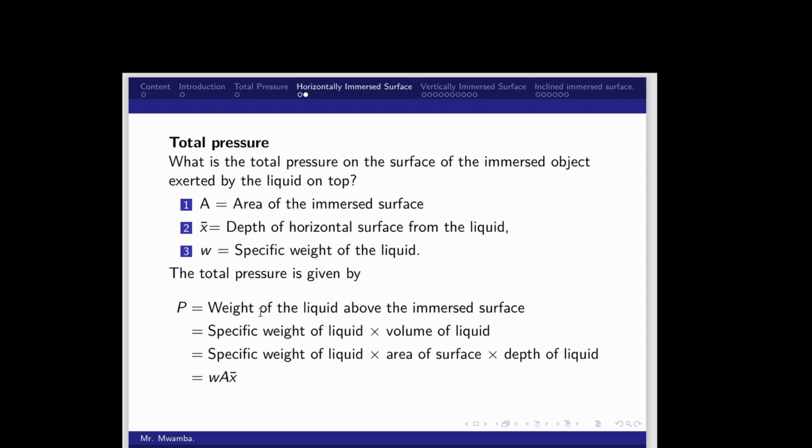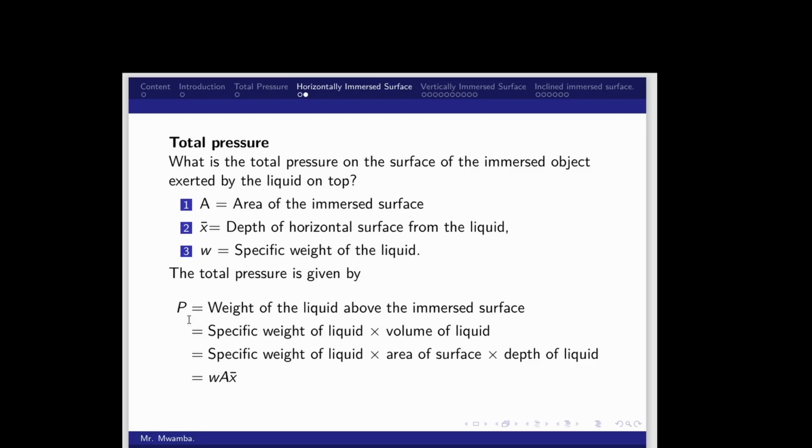We can write the weight as the specific weight of the liquid times the volume of the liquid. We can also split the volume to say volume is the surface area times height. So this volume is the volume of the liquid above the immersed surface.